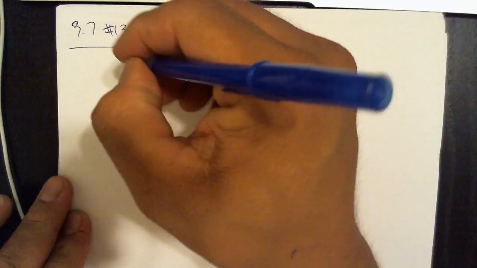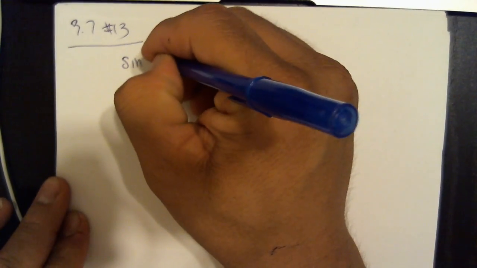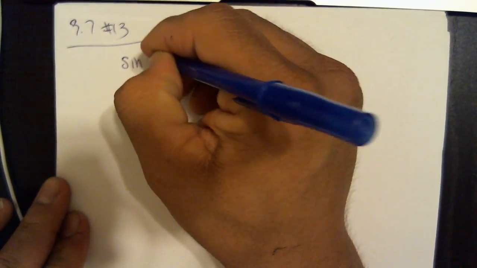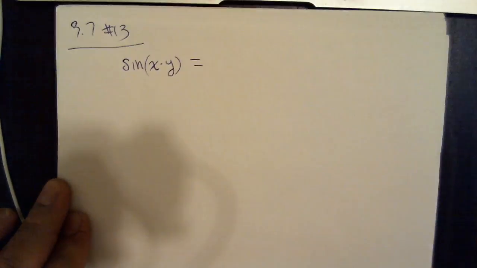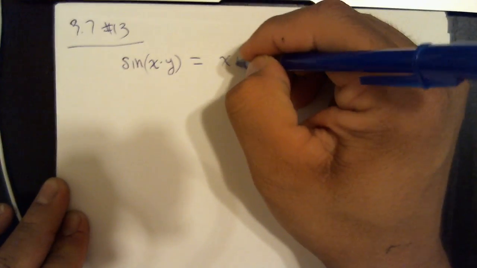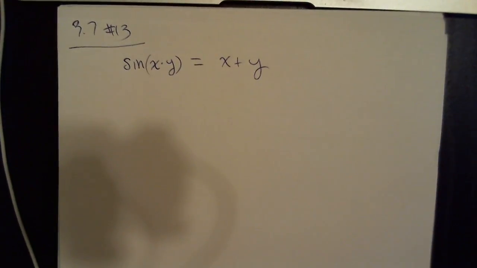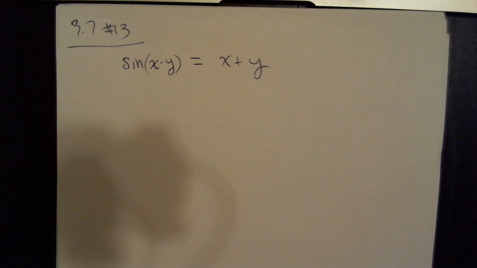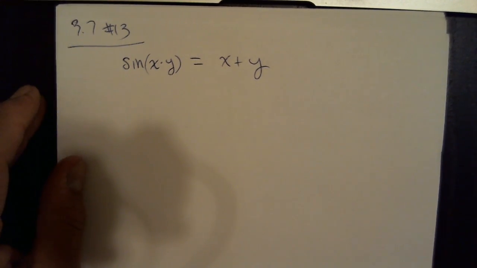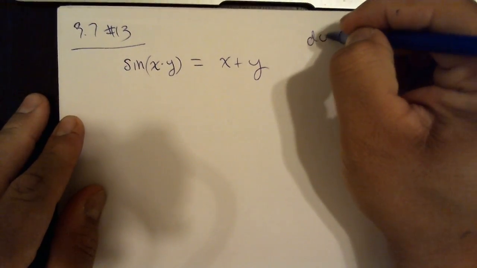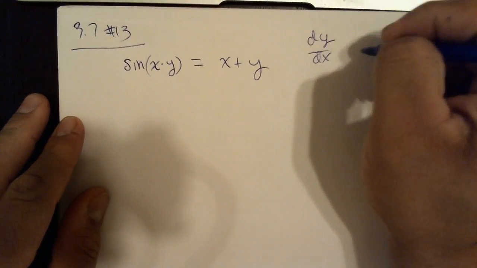We have sine of x times y equals x plus y, and we're asked to use implicit differentiation to find dy dx, or find y prime.